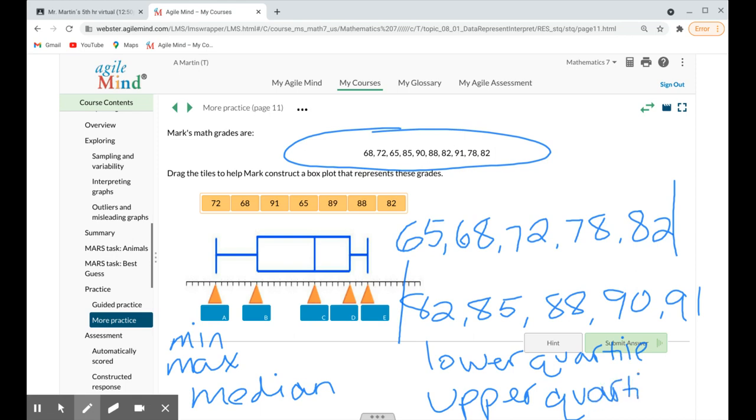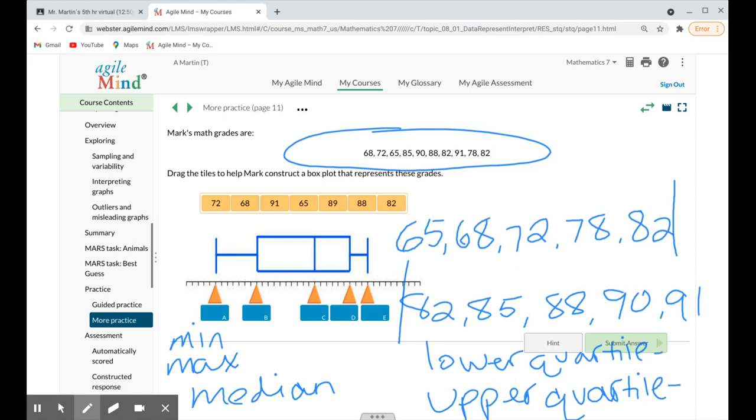I need everybody to understand that the lower quartile is the middle of the data from the minimum to the median. The upper quartile is the middle of the data from the median to the maximum.